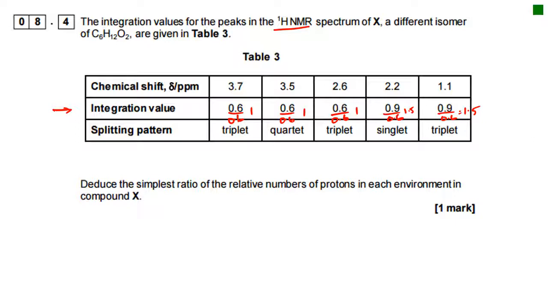So that's going to double up to 2 and 2 and 2 and 3 and 3, and so there are our simplest ratio of the relative number of protons in compound X. Let's just check by counting our hydrogens. We've got 2, 4, 6 plus 6 is 12, and 8 plus 2, there's 12 there, so we're correct.